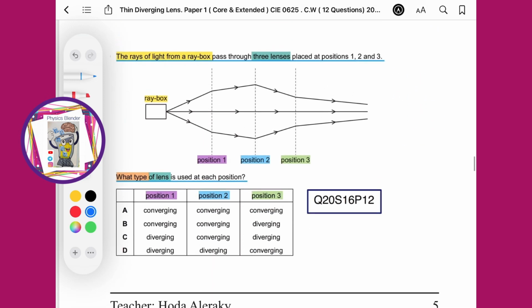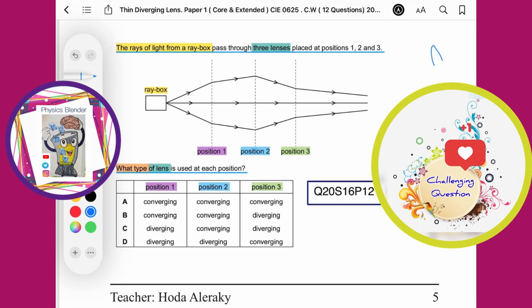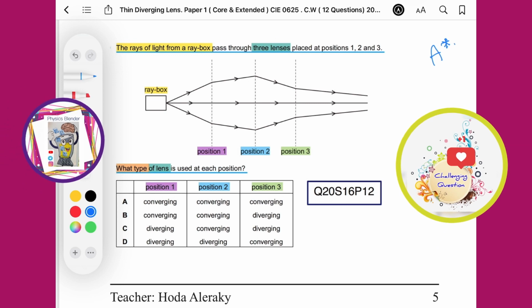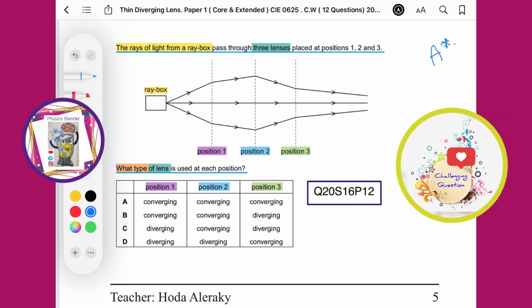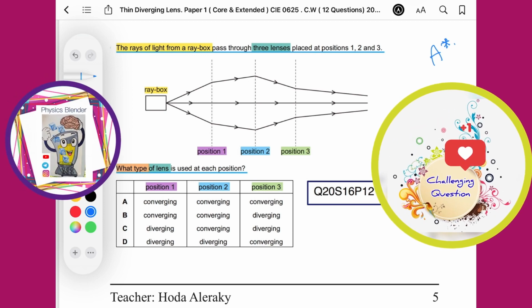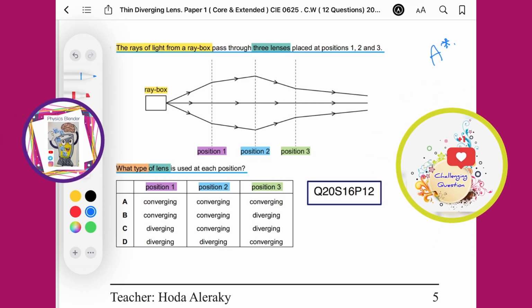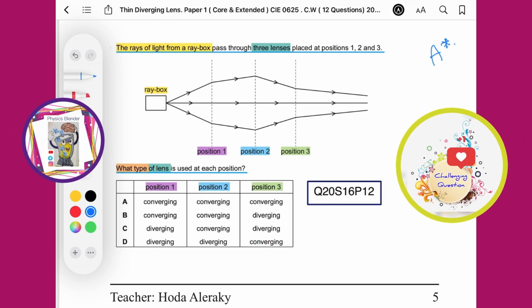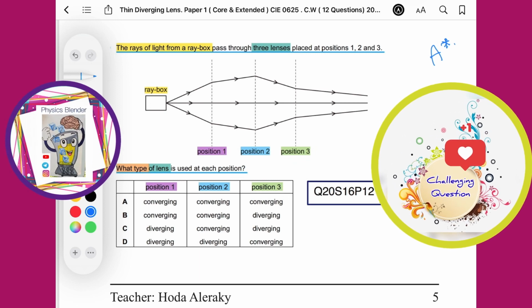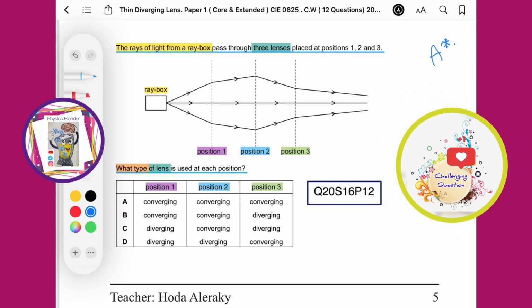Question 7 is a challenging question because we have a ray box which gives you a very narrow beam of light ray, and we have position 1, position 2, and position 3. Which type of lens is used at each position? I will try to explain it in a very simple way.